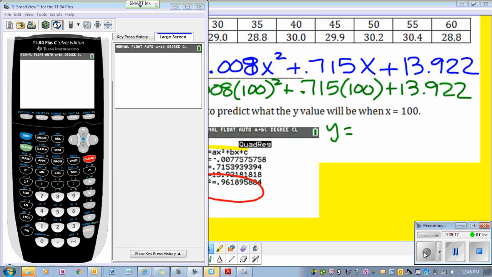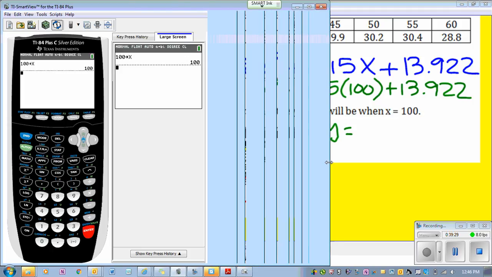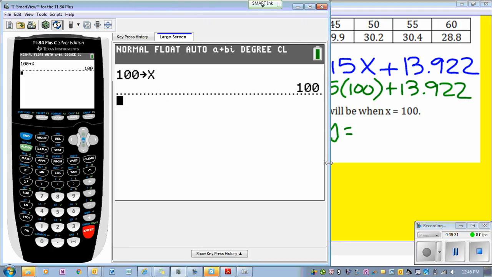So if you want to use the store function, you can say 100, store it for x. So you don't have to use this way, but I wanted to show you because this could be convenient if you have really long equations. So you're telling the calculator, okay, 100, store, it's right above the on button, store it for x.